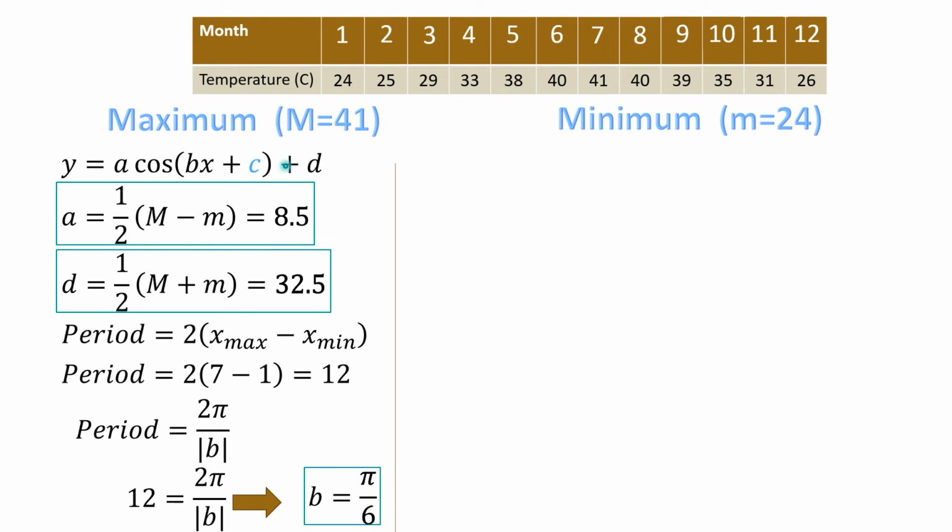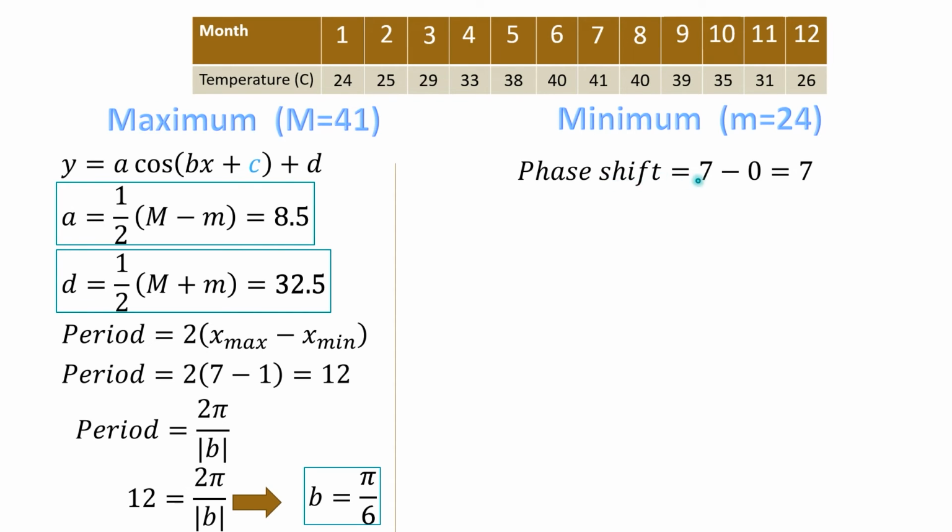The only difference will be in finding C. In order to find C, the phase shift in this case will not be 7 minus 3, because the cosine has a maximum at 0. So the phase shift, instead of being 7 minus 3, will be 7 minus 0, because the cosine function has a maximum value at 0.